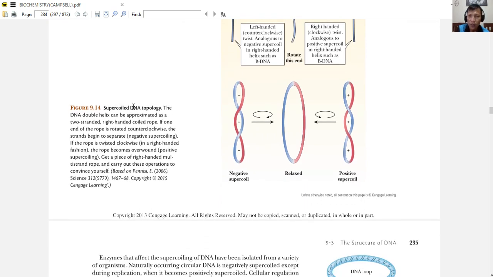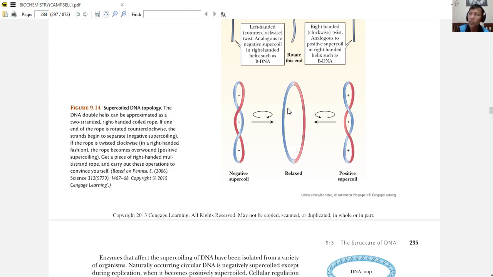A positive supercoil has an extra twist, since your DNA has a normal twist. So an extra twist on the natural one we call a positive supercoil, while the reverse twist is a negative supercoil, in comparison with a relaxed state.